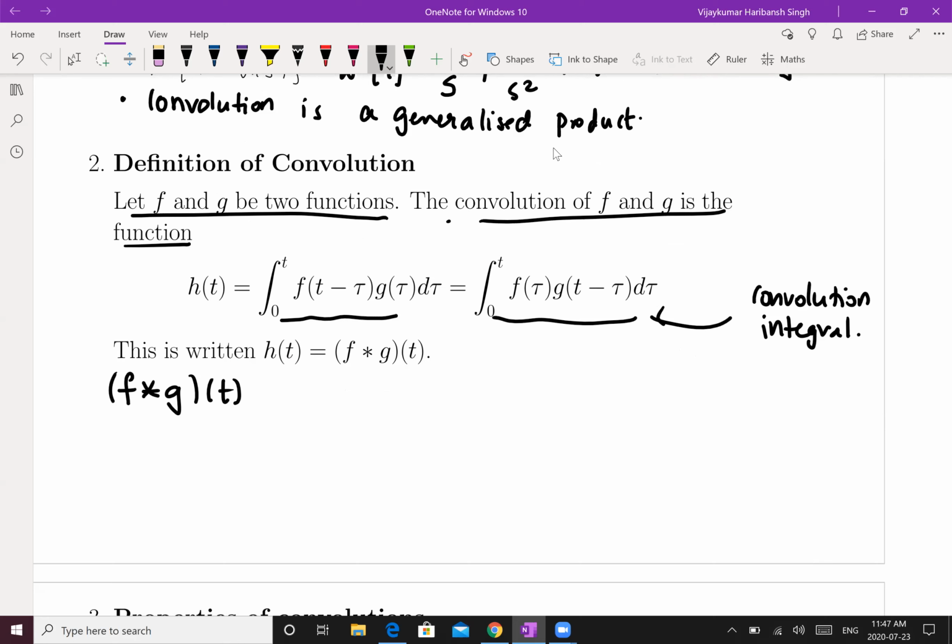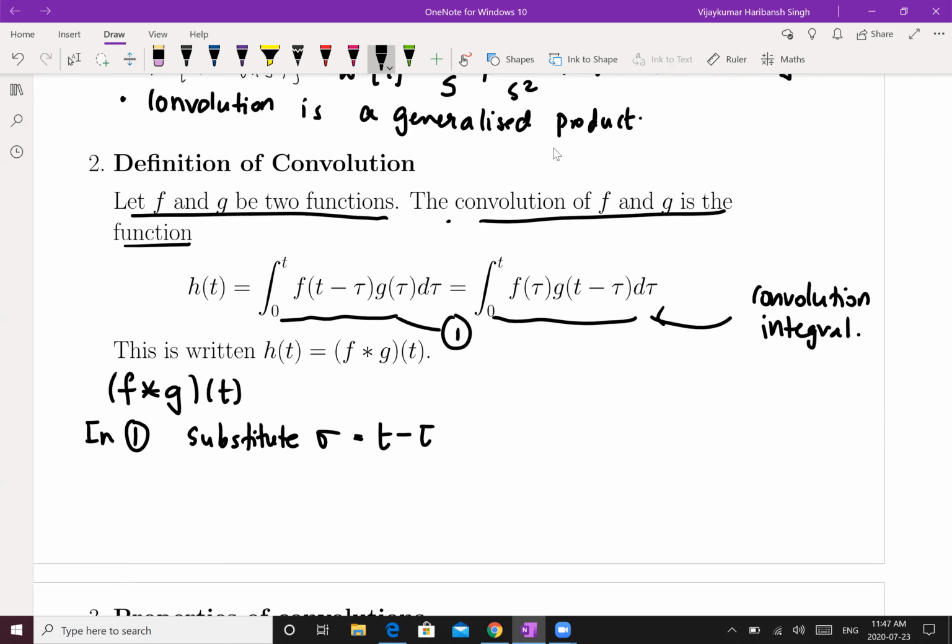So let's start with the first one. In the first integral, substitute sigma equals t minus tau.